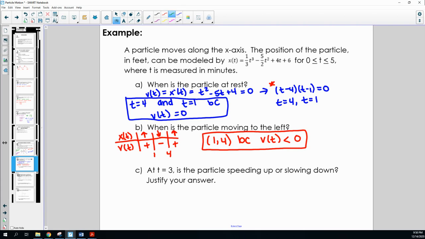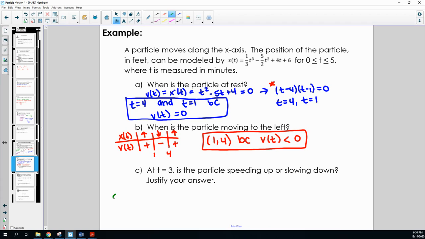Okay, and then this last part: at t equals 3, is the particle speeding up or slowing down? Justify your answer. So in order for me to figure out if it's speeding up or slowing down, I need to figure out the sign of the velocity and the acceleration when t is equal to 3. So I already have my velocity equation.